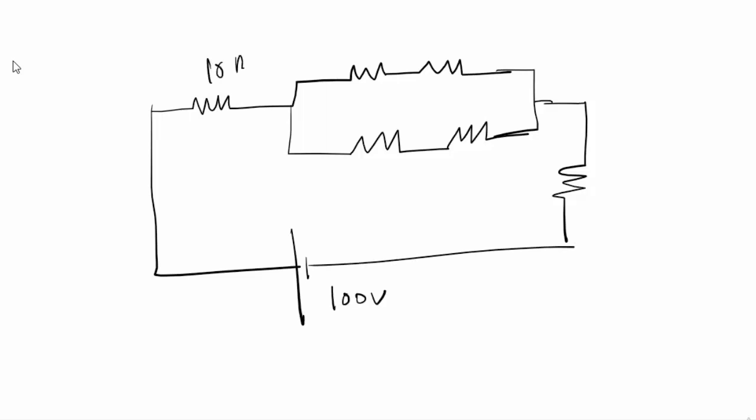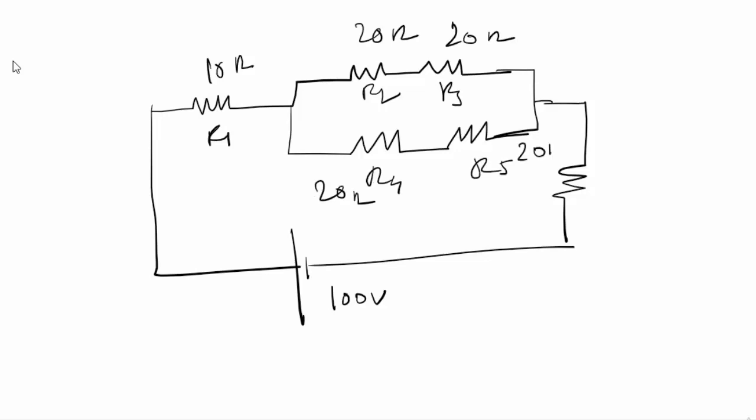This is R1, a 10 ohm resistance, this is R2, suppose 20 ohm, this is R3, 20 ohm, and this is R4, 20 ohm, and this is R5, 20 ohm, this is R6, suppose 300 ohm. So what I find is that this is my EMF.